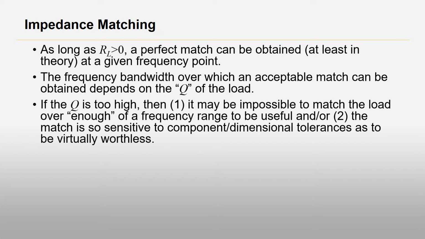If the Q is too high, then one, it may be impossible to match the load over enough of a frequency range to be useful, and or two, the match is so sensitive to component and dimensional tolerances as to be virtually worthless, because any small change in your component value or dimension is going to make it not work.